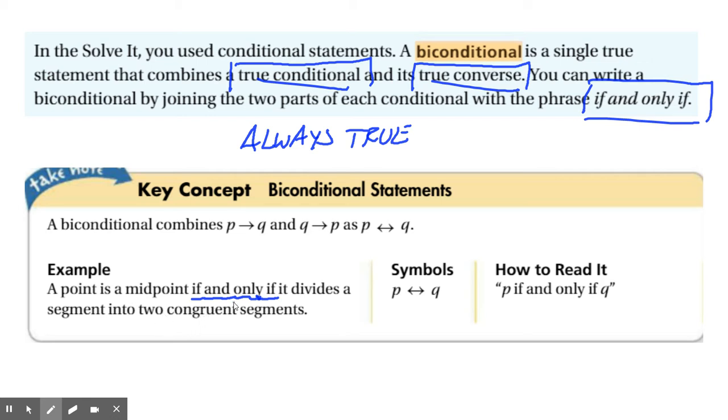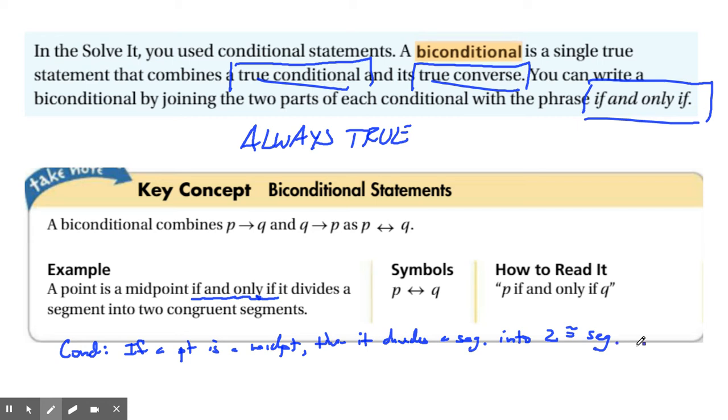Now, what I'm going to do is break that into its true conditional and its true converse. So let's talk about the conditional, C-O-N-D for conditional. If I write this as a conditional in the order that it's written, it would say if a point is a midpoint, then it divides a segment into two congruent segments.